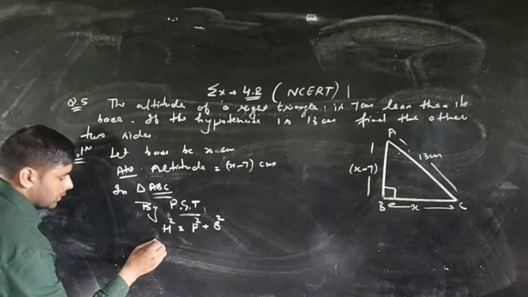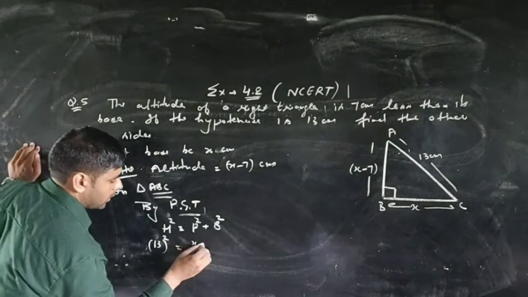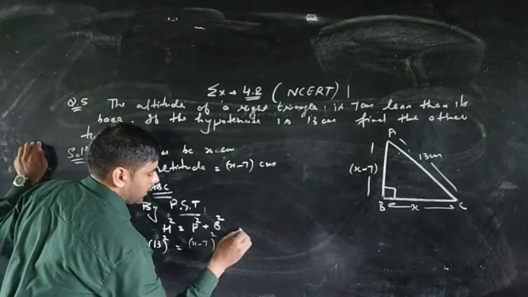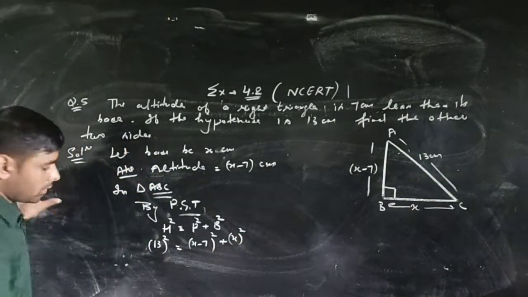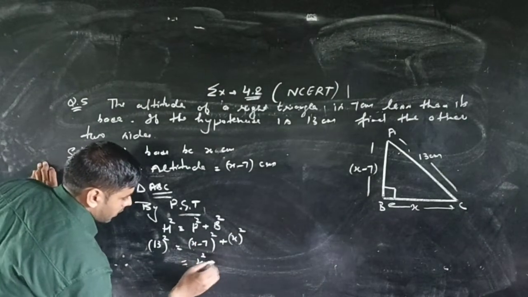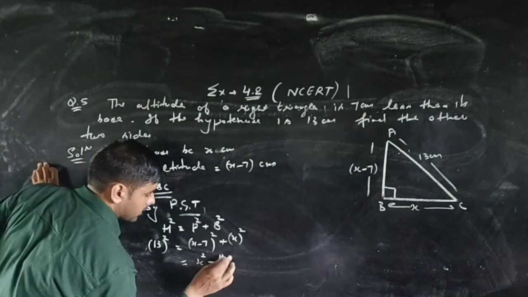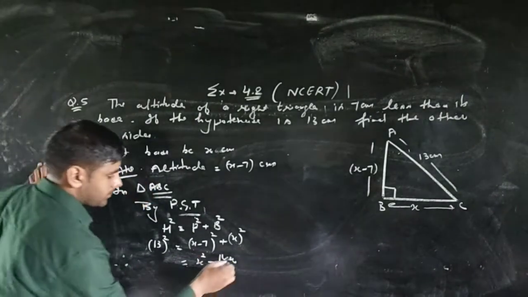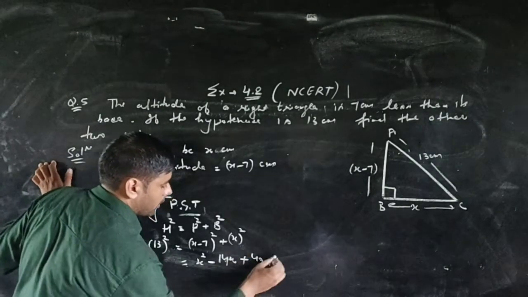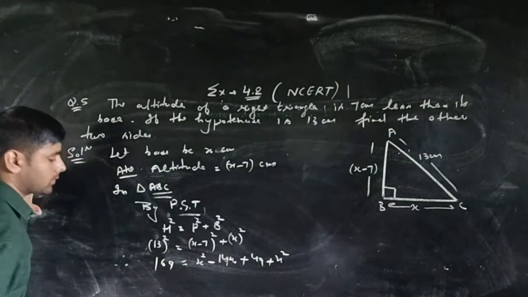Here hypotenuse is 13 whole square, perpendicular here is x minus 7 whole square, and base here is x square. a minus b whole square is a square minus 2ab, 2 sevens are 14x plus b square, 7 square 49 plus x square equal to 13 square 169.